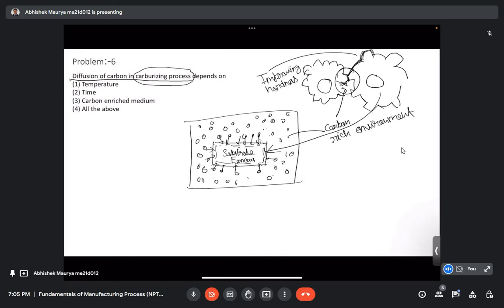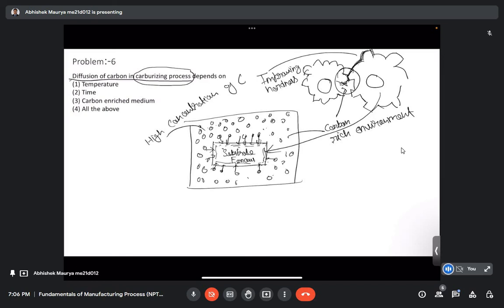So we know that in the nearby region we are providing a high concentration of carbon, or a carbon rich atmosphere. Because of this high concentration outside, and low concentration of carbon inside, the diffusion process will take place because of the concentration gradient.